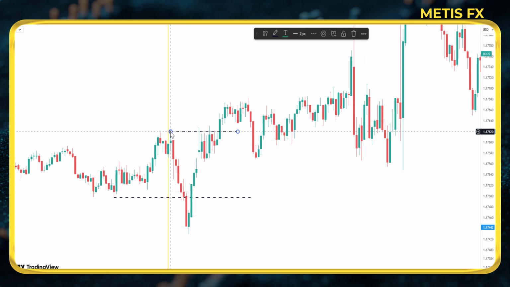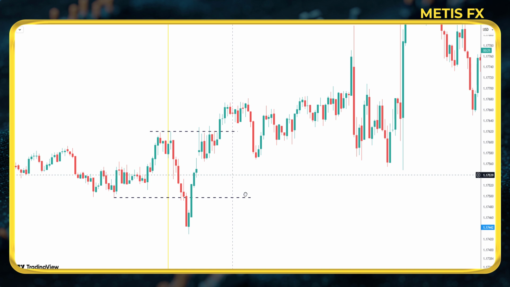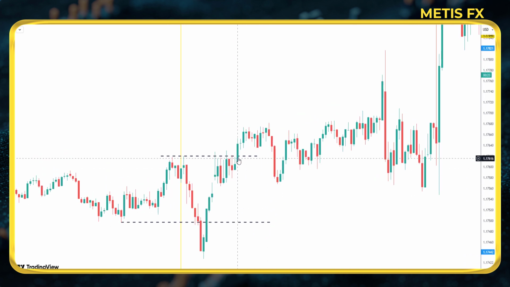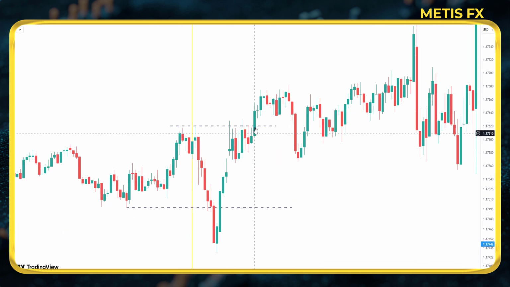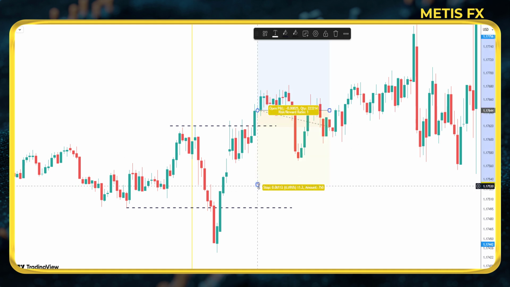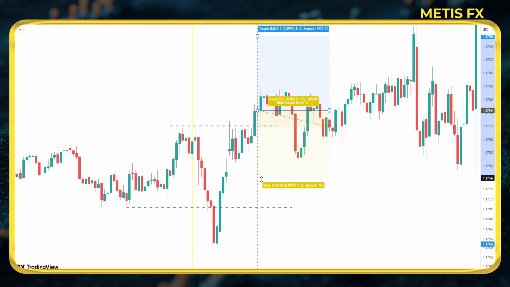We wait patiently, no rush. We wait for a strong candle to break that high, like this solid bullish candle. At the open of the next candle, we enter with a market order. Immediately after entry, place your stop loss between these two levels, slightly closer to the lower line.